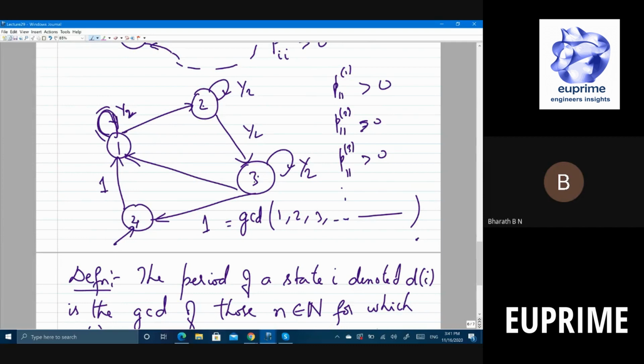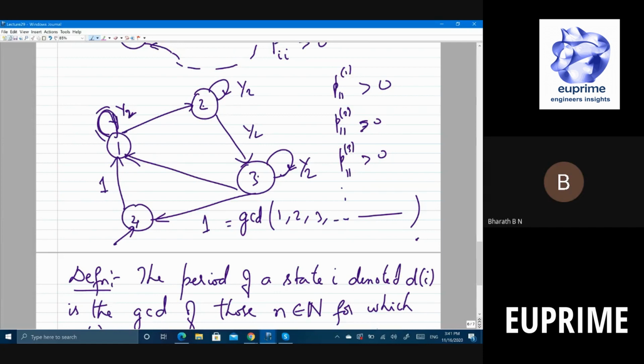And from 3, I can go to either 1 or 4, right? The minimum would be what? 1, 2, 3, 4. So P4,4 of 4 is greater than 0. So 4 is one of the numbers. What about 5? At 3, I can stay and go back to 3 again and then come to 4. 4 is possible, 5 is possible.